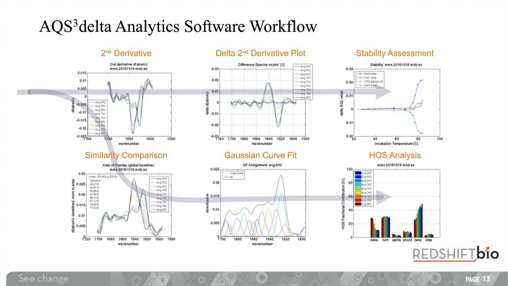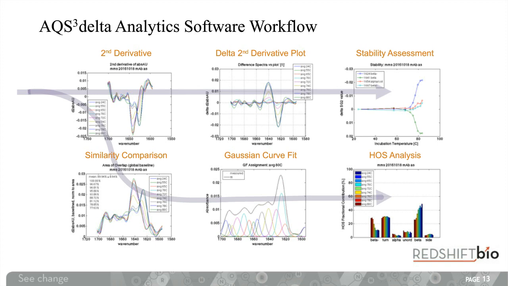Once you have very large data sets, it can be quite difficult to look at hundreds of spectra and get some useful information out of that. We can just monitor the delta plot at particular wave numbers that the user has full customization over. And we can display this information in what we call the stability plot, which is shown in the top right, in order to allow this data to be more accessible.